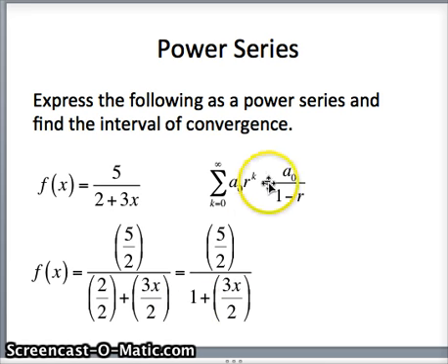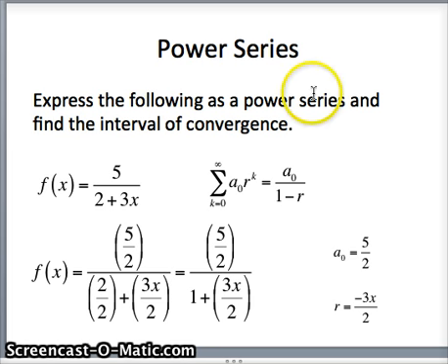It looks like our initial term, our a naught, is 5 halves. Our r, it's plus, it's not minus. But we can think of plus 3x over 2 as minus negative 3x over 2. And indeed, our initial term, a naught, is 5 halves, and our common ratio is negative 3x over 2. So we want to use that to find the power series and to find the interval of convergence.